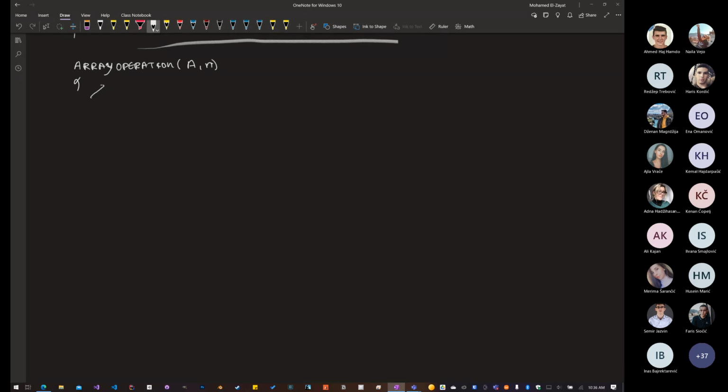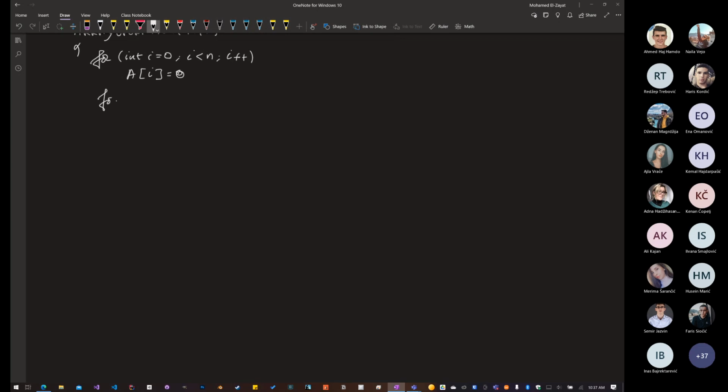And then we're going to have a for loop: int i equals 0, i is less than n, i plus plus, and then we say a of i equals 0.